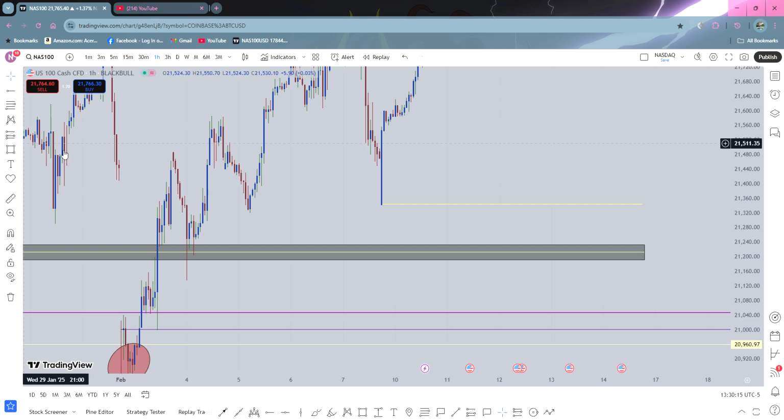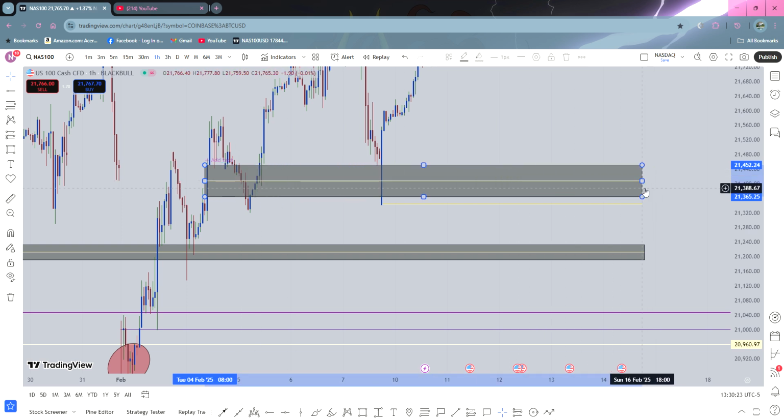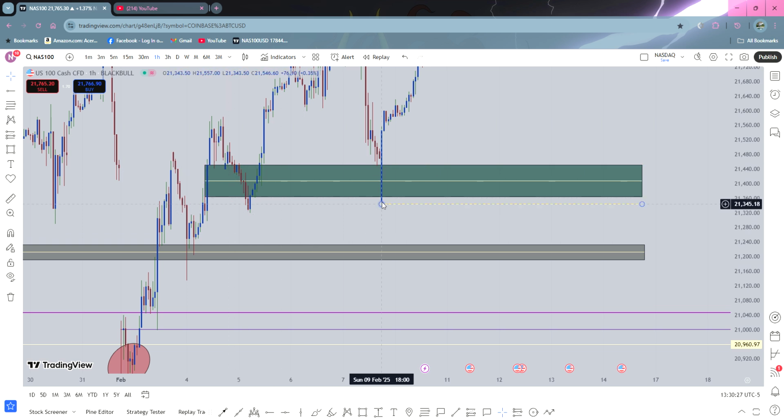Alright, guys. So what do we have here? We have an imbalance, guys. You just draw that out, then you just stretch it out. Make it green here. Okay, guys, this was like the opening price, but look what we have here, order block.